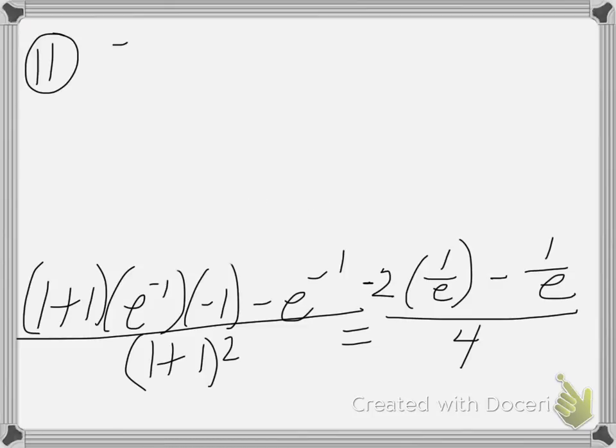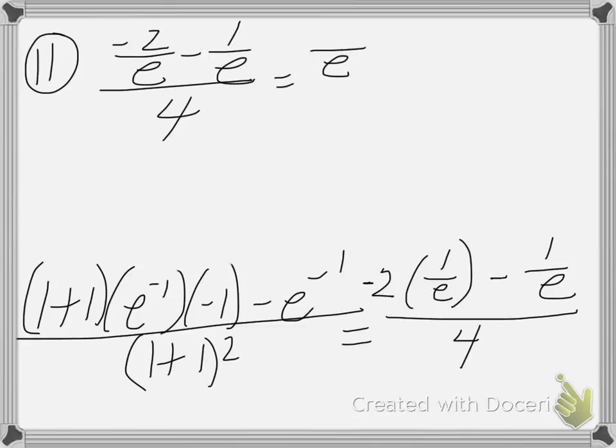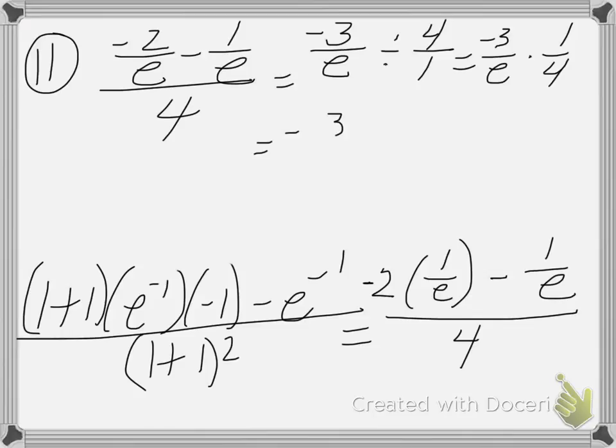Okay, so I have a negative 2 over e minus 1 over e all over 4. So the denominator is the same, so negative 2 minus 1 is negative 3. And this is all divided by 4. So I'll change that to multiplication. And I get negative 3 over 4e, choice B.